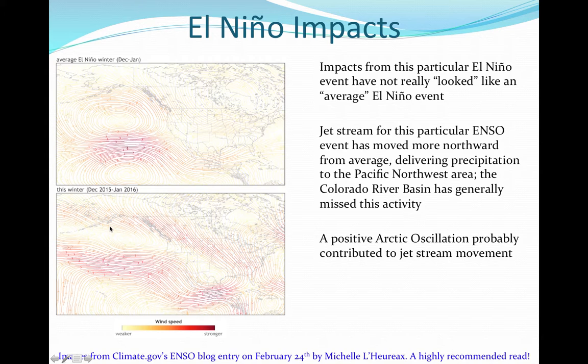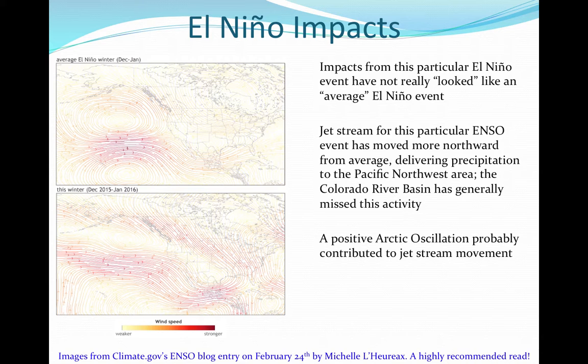But the jet stream during this El Nino winter has been shifted north, and that's resulted in a lot of that precip that the Pacific Northwest and Northern California has seen, which typically isn't associated with an El Nino event, particularly a strong El Nino event.